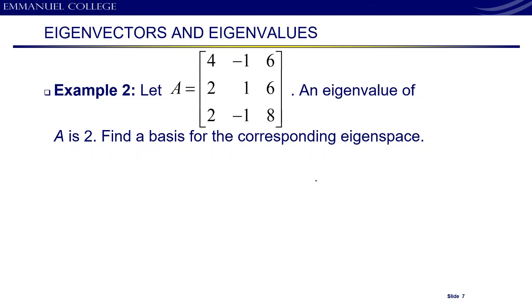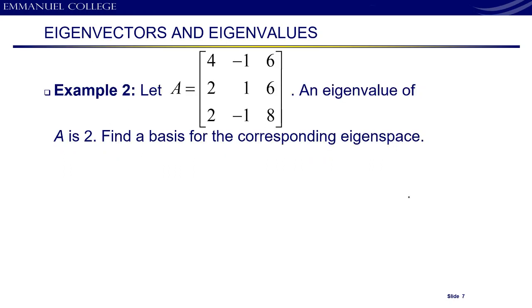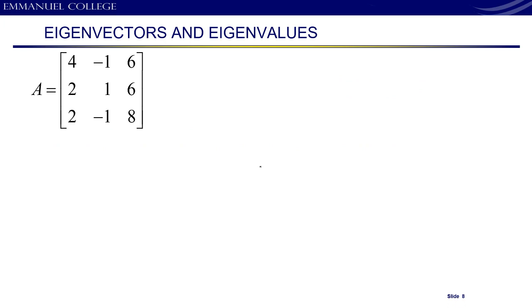So let's expand it to a 3 by 3. So this matrix has an eigenvalue of 2, and we need to find a basis for the corresponding eigenspace. So if our eigenvalue is 2, we'll start there. To skip a couple steps, because remember we're going to have basically Ax equals 2x.